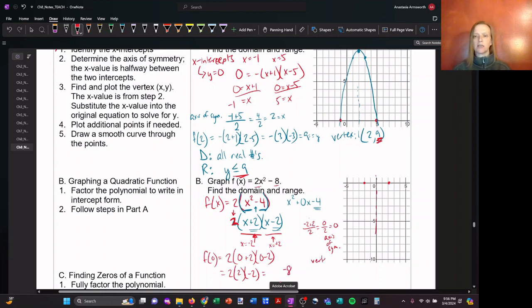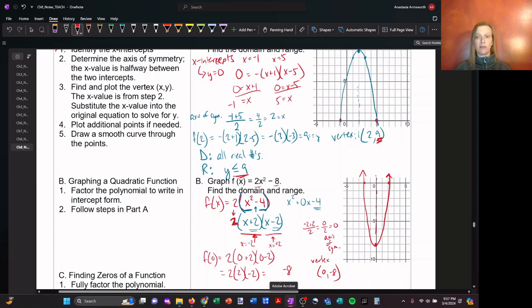So my vertex is at 0, comma, -8. So I want to have a point down here, and I'll draw my parabola like this. And I have graphed the function 2x squared minus 8.